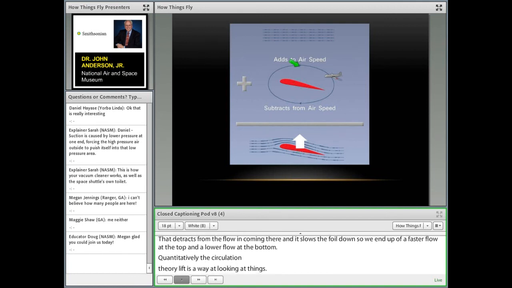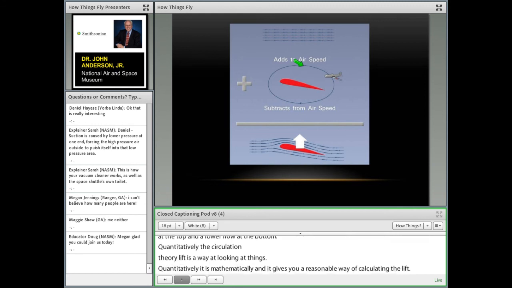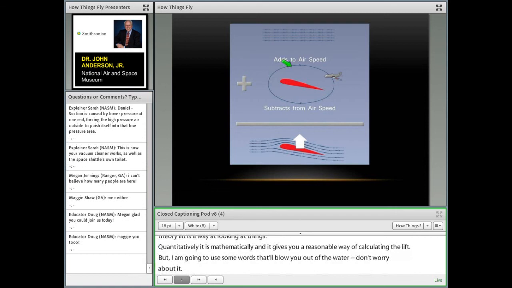I'm going to use some words, and this may blow you out of the water. Don't worry about it. If you would take a fluid element, let's put it this way, if you would take a closed path around the airfoil like this, and you multiply at each point the flow velocity times the distance the little fluid element moves, and then you integrate that all the way around the airfoil. It doesn't have to be a circle or anything like this.